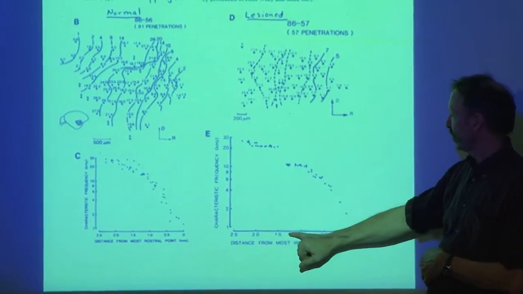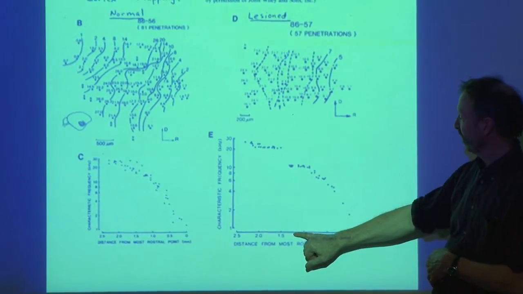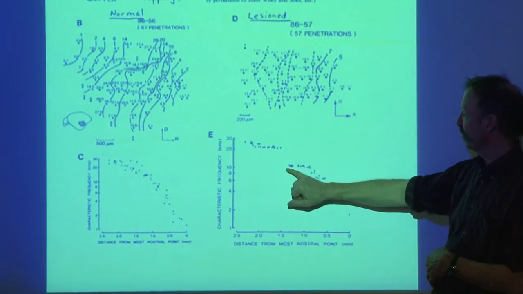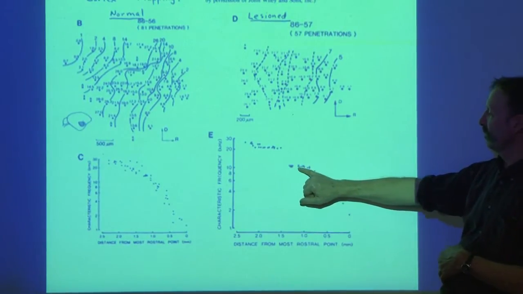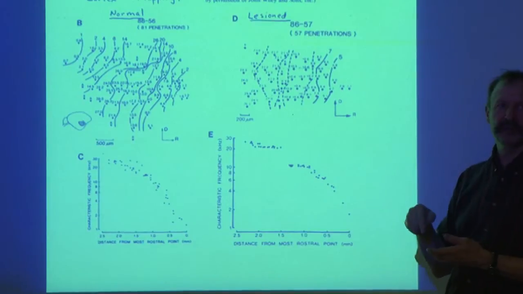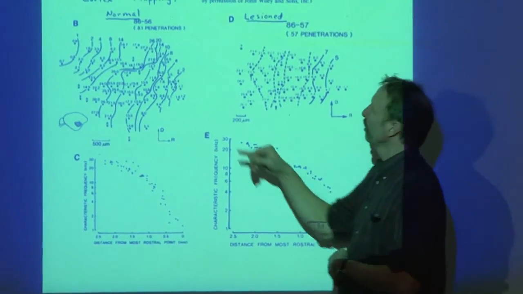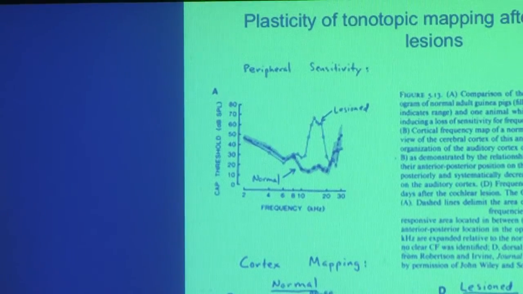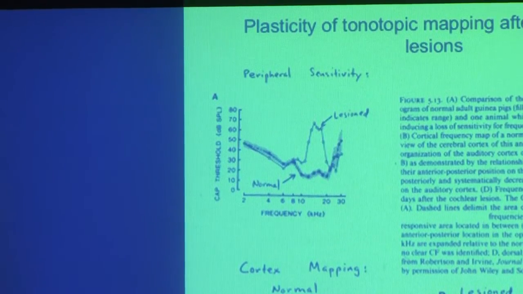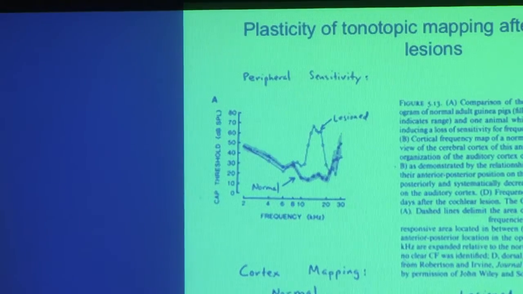Then you jump a little bit in distance, and the CFs jump from 20 down to 10 kilohertz. And there's a long region of cortex at which the CFs are all 10 kilohertz. And notice that 10 kilohertz is a very important frequency in the audiogram of this animal, and that it's right at the edge, the low frequency edge of the hearing loss.